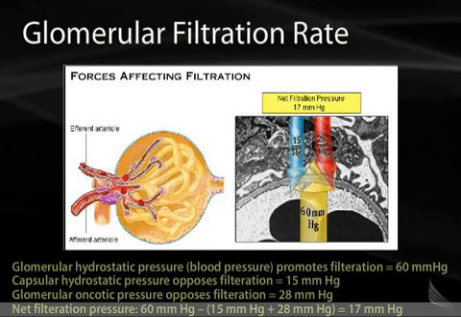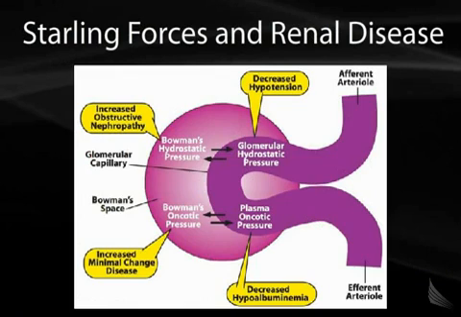The number itself is not important to remember. Simply recall the concepts of the two forces promoting filtration and the two forces opposing filtration. Let's walk through some disease states and how they might cause changes in glomerular filtration.